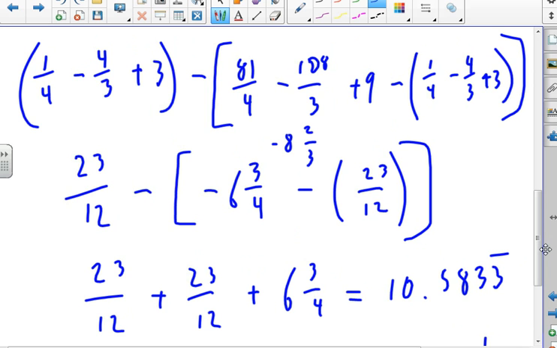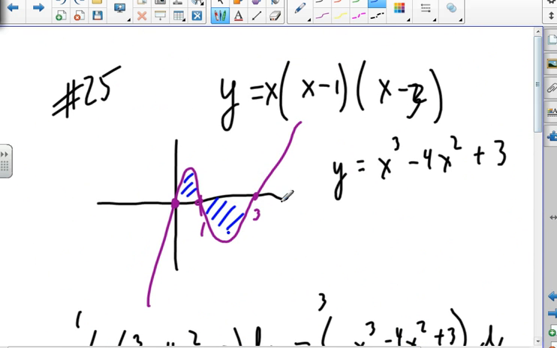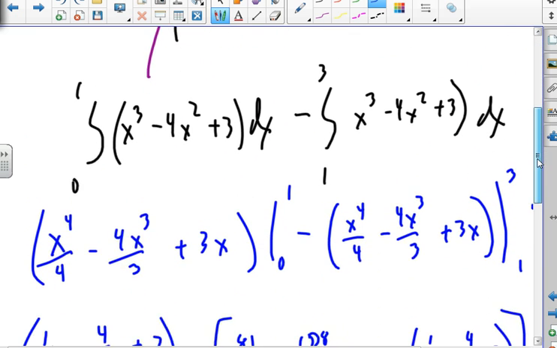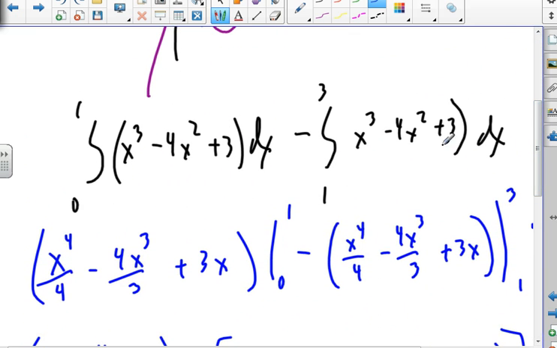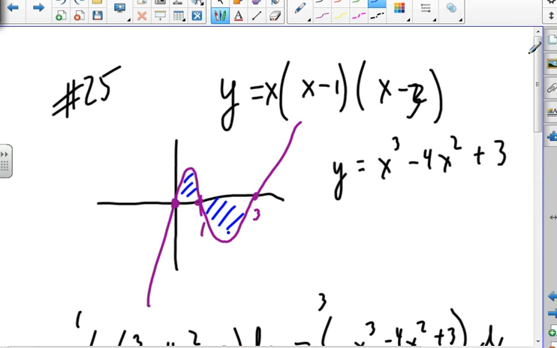plus 23/12, is that 10.588. So that means that this answer is right. And if that answer is right, this answer is right. But the answer is wrong. So what are we doing wrong? Okay, why don't we do something else?